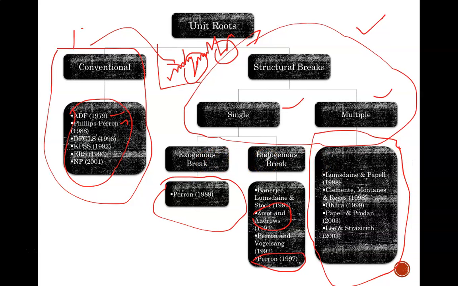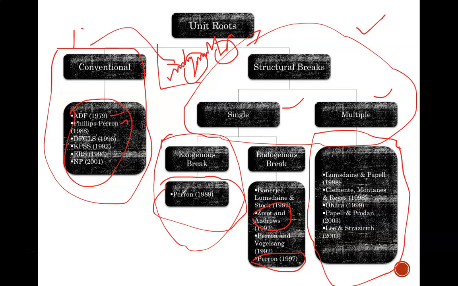Exogenous and endogenous break: exogenous means determined outside the model, endogenous means determined inside the model. Outside the model in this sense means that you determine the break yourself. Let's say 1997, 2008, 2000, and 2020. 2020 is an interesting year for many years to come, where you have a significant change in how we see the world and how everything changed.